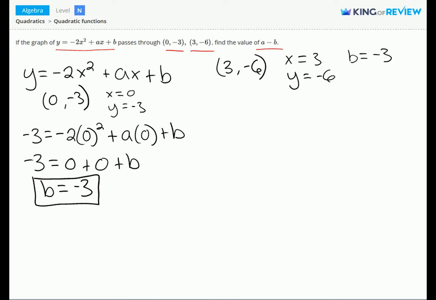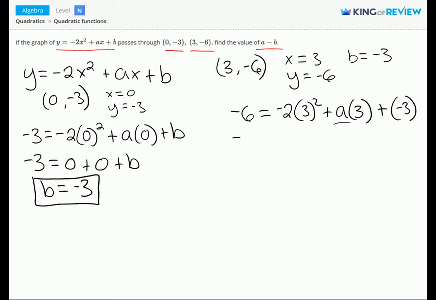So rewriting our equation, we get y, which in this case is negative 6, equals negative 2x squared, so negative 2 times 3 squared, plus ax, so plus a times 3, plus b, and our b is negative 3. So now we have one equation and one variable, so we can solve for a.